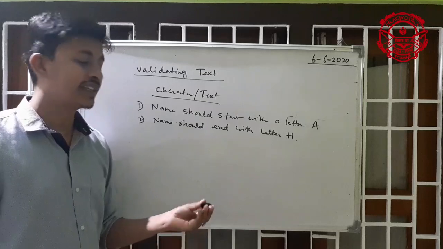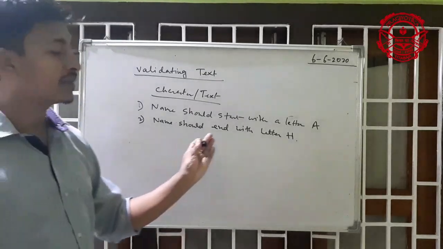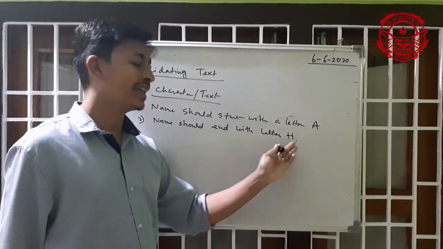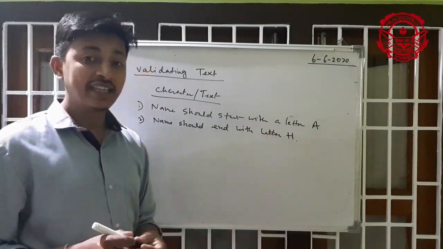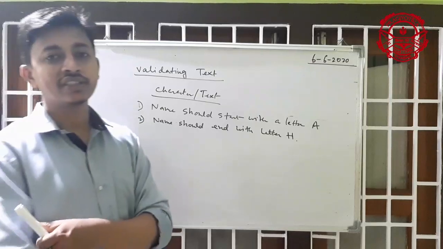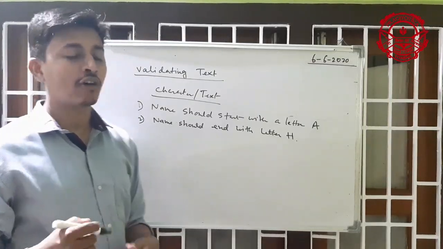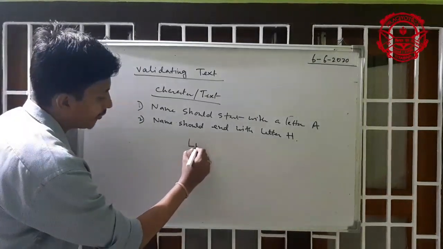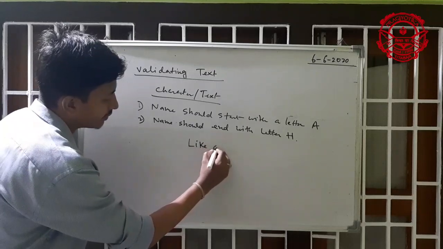So these are names that end with the letter H. These things will be done with the help of a new operator. This operator is called the Like operator. So the Like operator is very important.